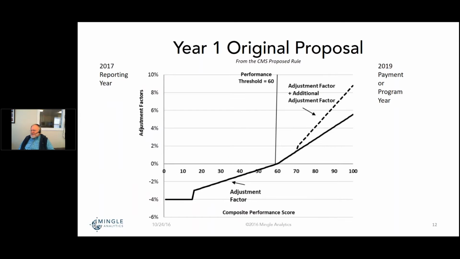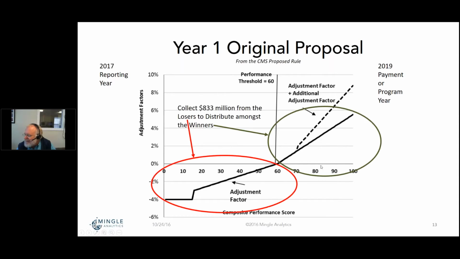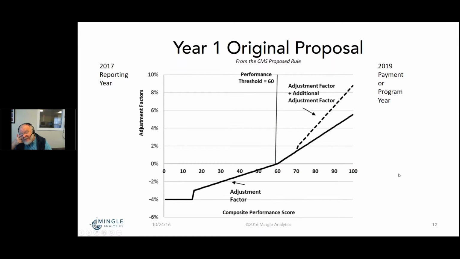This is what they had proposed, and this is very different than quality. It's most similar to quality tiering that we looked at in your QRUR report, but it's different in the sense that we don't have the cliffs. In this range, from about 15% to 100%, every small improvement in your composite performance score, which is this 0 to 100, makes a difference in your adjustment level.